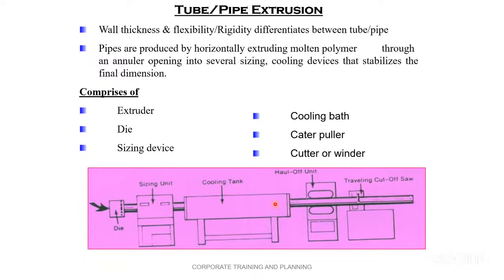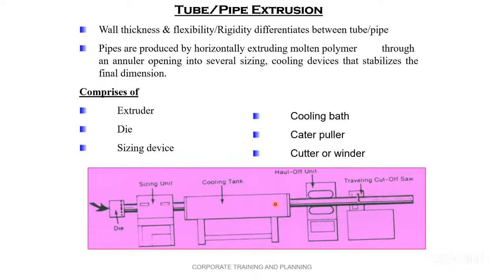I told you, there are two types of plastics: crystalline plastics, amorphous plastics, and semi-crystalline plastics. I told you also that amorphous plastics cool very fast and heat very fast. But in case of crystalline plastics, they take more time to heat and more time to cool.